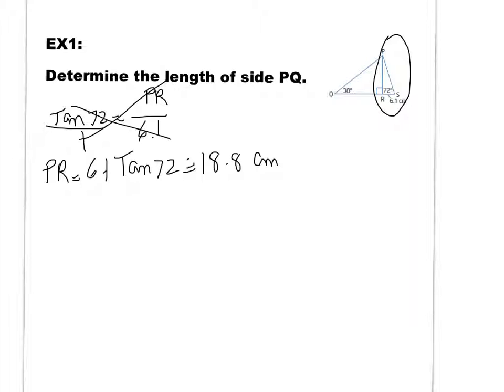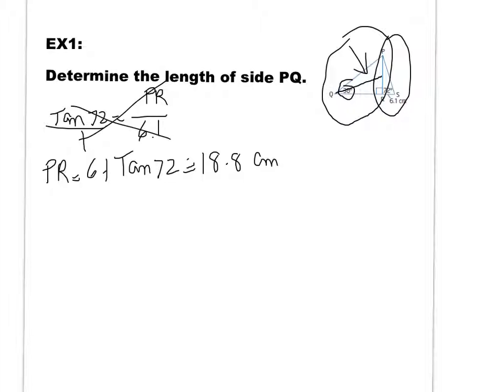Now I'm going to use the value for PR, the angle 38, and I'm going to find PQ. Now in the left triangle, I know the angle 38 is given. I know the opposite side is also given because I just found PR. So I can use the sine of angle Q to find the hypotenuse of this left triangle.